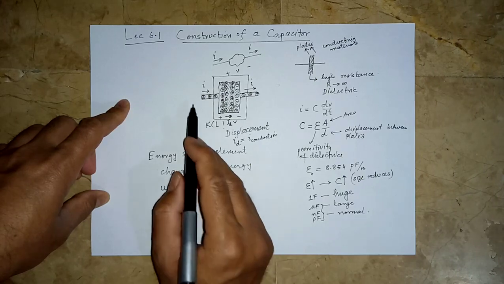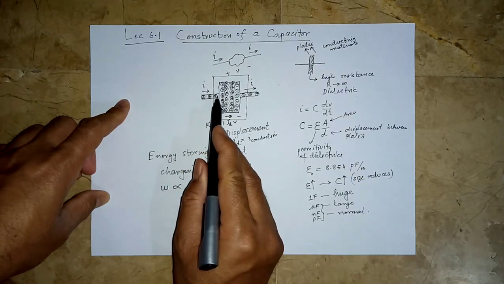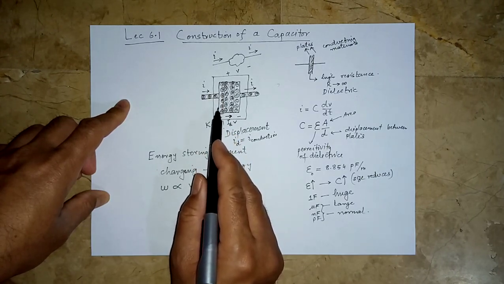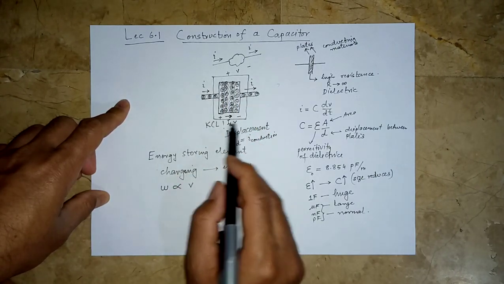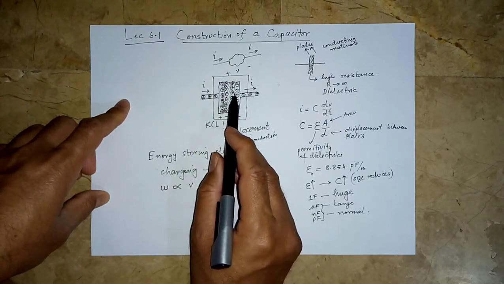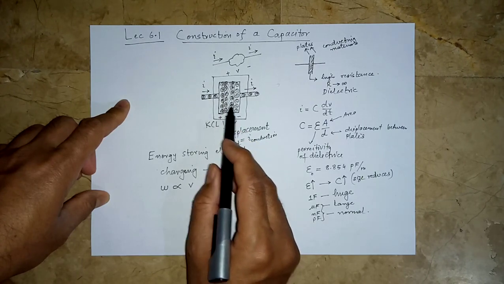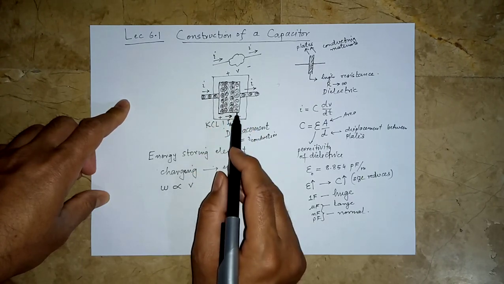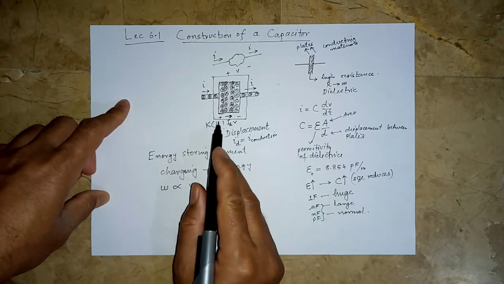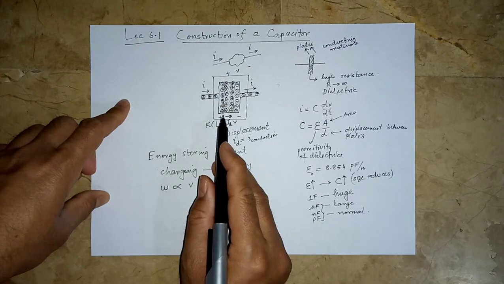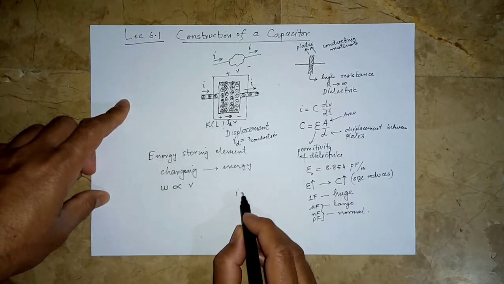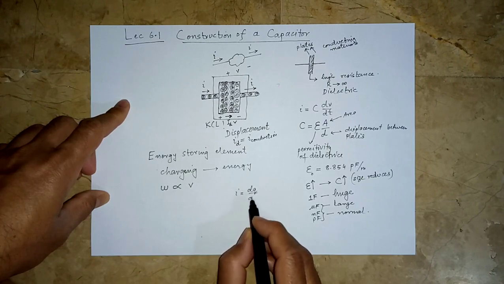One important thing: as the current flows into this capacitor, the charge on one plate keeps on increasing. Overall, the total charge on the capacitor is zero, because this plate is positively charged and the other has the same amount of negative charge. However, if we look at one plate, the amount of charge that has flowed in can be found by I equals dq/dt, which is how I is defined.